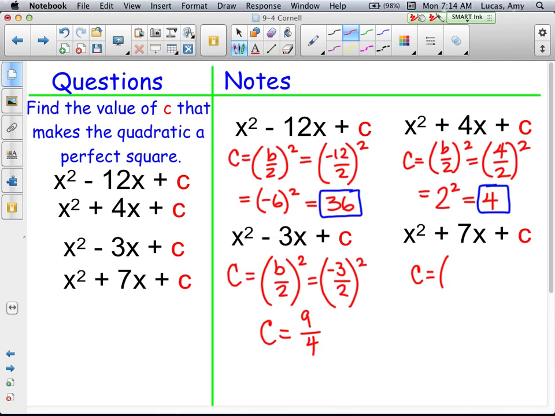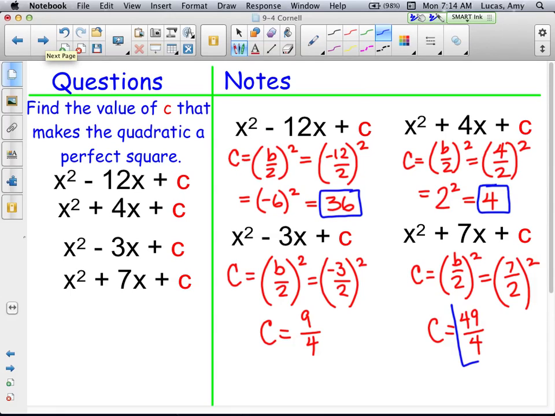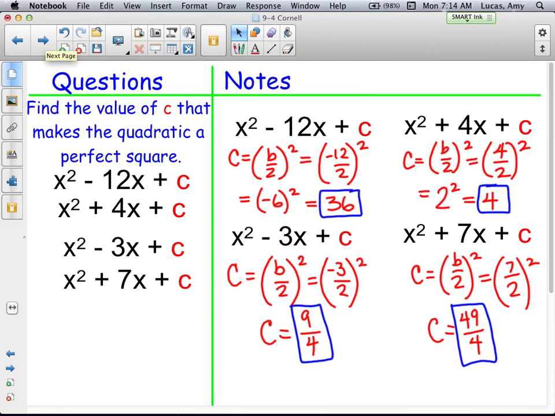And then the last one, I plug in 7, 7 divided by 2, and then square it. So I would get 49/4. So this first set of examples is showing us how we can complete the square on a trinomial, figuring out the value for c that would turn a trinomial into a perfect square.